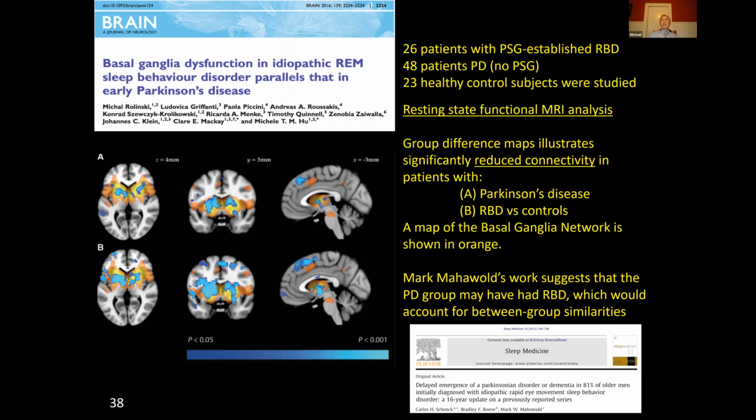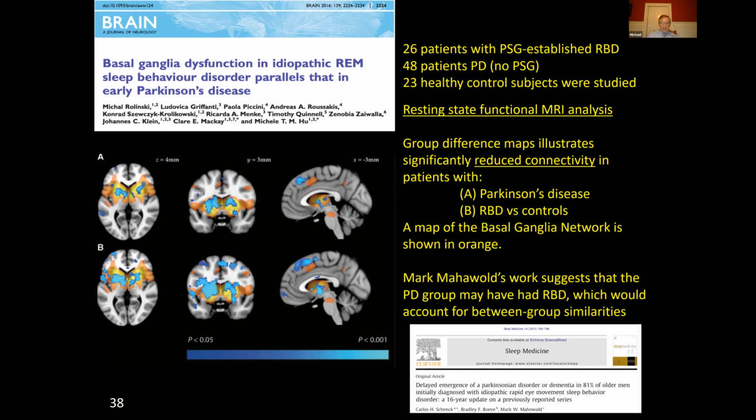Last time I talked with Mahowald was a few years ago, and they had just recently followed up the original cohort they established, maybe 5 or 6 years ago. I believe 95% of everybody they began looking at with REM behavior disorder went on to develop Parkinson's disease. The only reason it was 95% was that the other 5% were lost to follow-up, so they don't know what happened to that group.